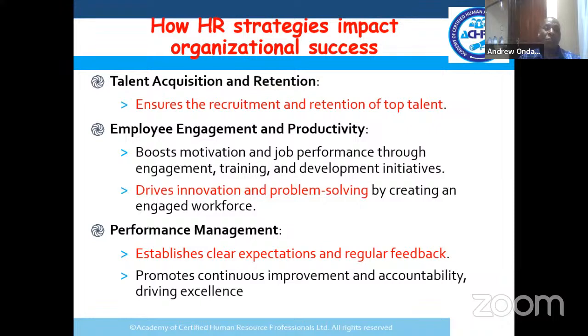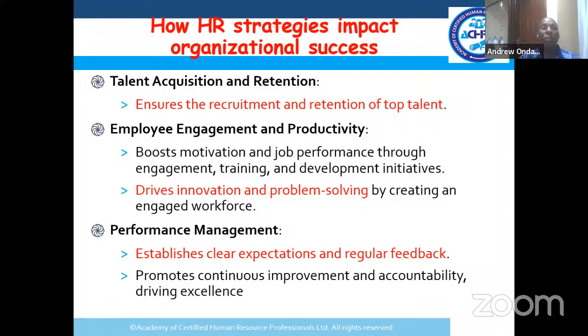It has been argued that if organizations stop innovating, they start dying. So when we engage our employees, they are likely to be innovative and therefore solve our problems. I know our organizations face very many problems. And when we have innovative people who are engaged, they are likely to solve those problems.